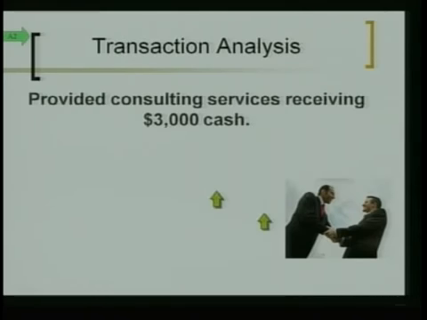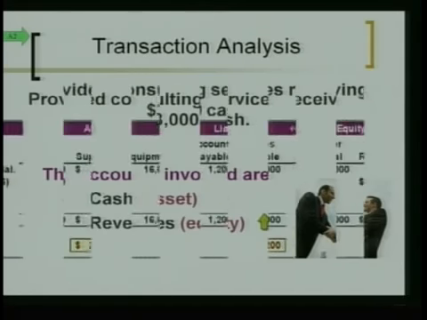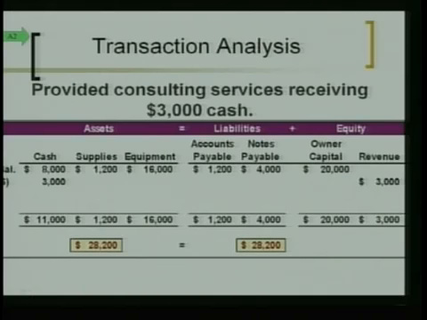So we have a customer, we provide consulting services to him or her, and they pay us immediately $3,000 cash. What is affected? Cash is affected. And yes, this will increase equity, but it increases equity because revenue is increased. Does that make sense?